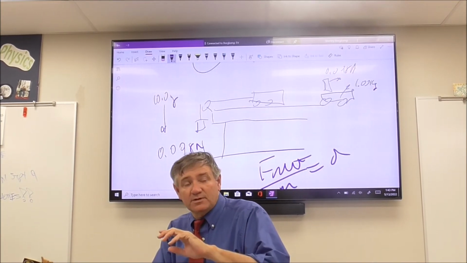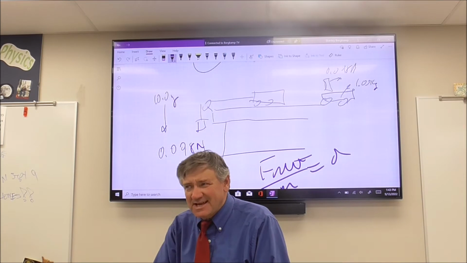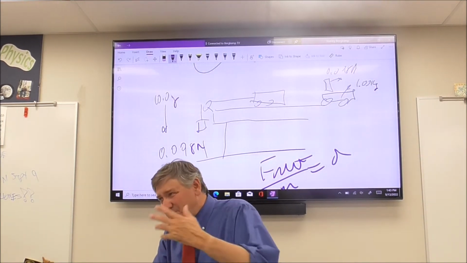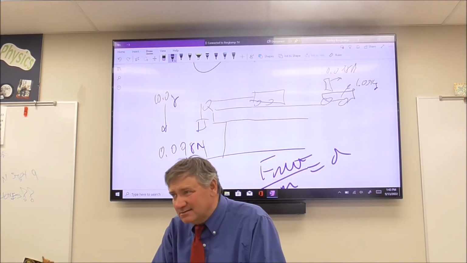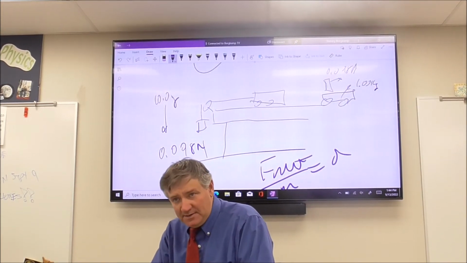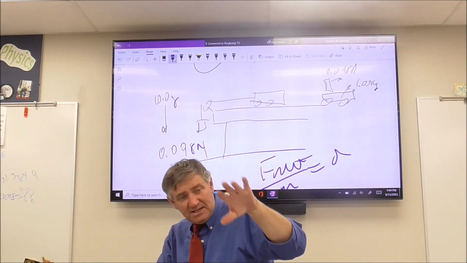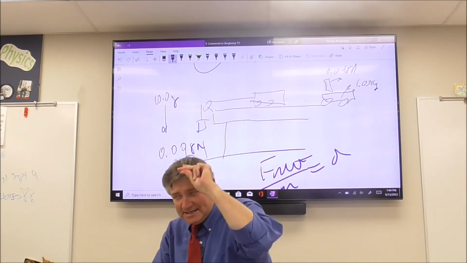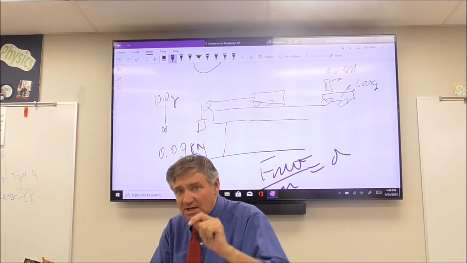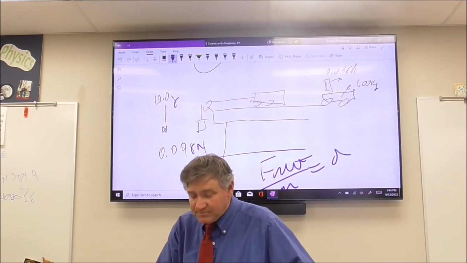I don't have to worry about, is my battery running down? Are the bearings going out on the fan? Which speed do I have the fan on? Is the fan pointing in the right direction? I don't have to worry about any of that. So by suspending that 10-gram mass, I generate an exact amount of force, I know exactly what that value is, and then I can calculate my acceleration.